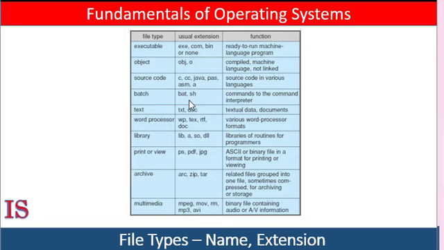.bat, as you and I learned earlier in the course, is a batch file, and .sh is a shell file. .txt is a text file, pure and simple.